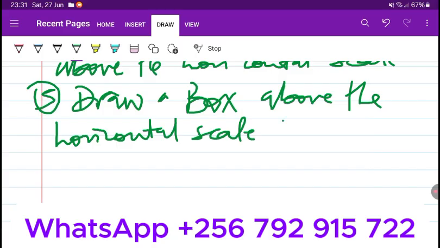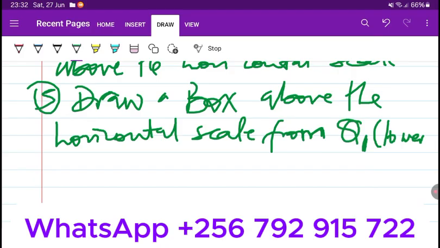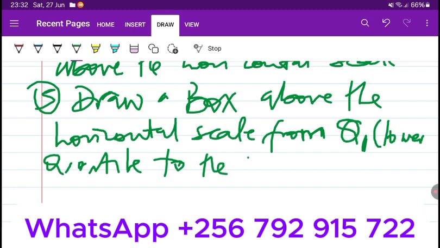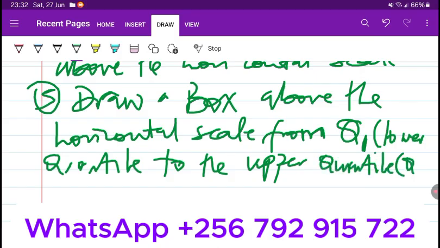It moves from the lower quartile, our Q1, to the upper quartile, which is the Q3.